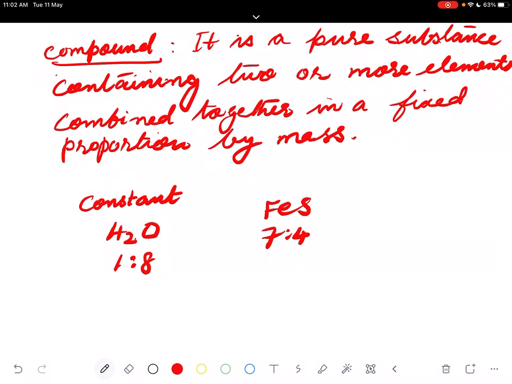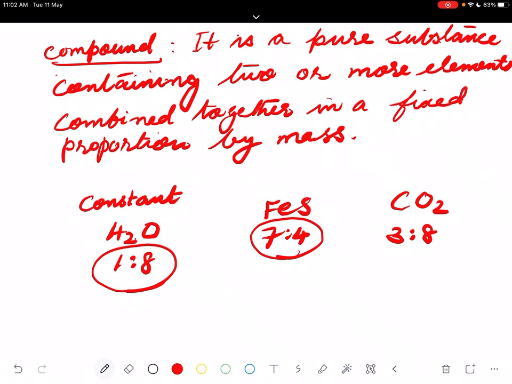In the case of carbon dioxide, it is 3 is to 8. Carbon and oxygen are present in the ratio 3 is to 8 by mass. So, this is fixed for water, for FeS, and for CO2. That is what is meant by a fixed proportion by mass.